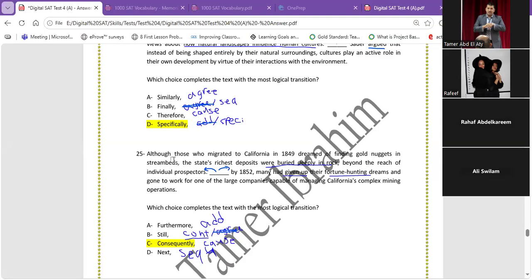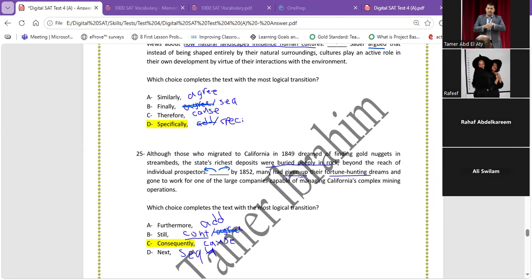Here he said, although those who migrated to California in 1849 dreamed of finding gold nuggets in stream beds, the state's rich deposits were buried deeply in rock beyond the reach of individual prospectors. Okay, we have another date. By 1852, it can be next, but let's continue.